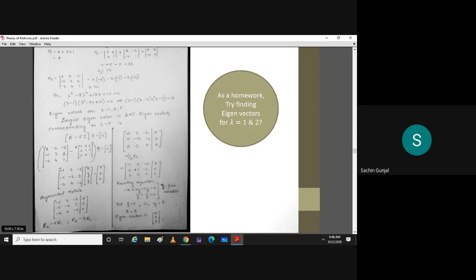So what is your first operation? You need to make this -5 and -2 zero using this -1. R2 minus 5R1 and R3 minus 2R1, which is mentioned here.